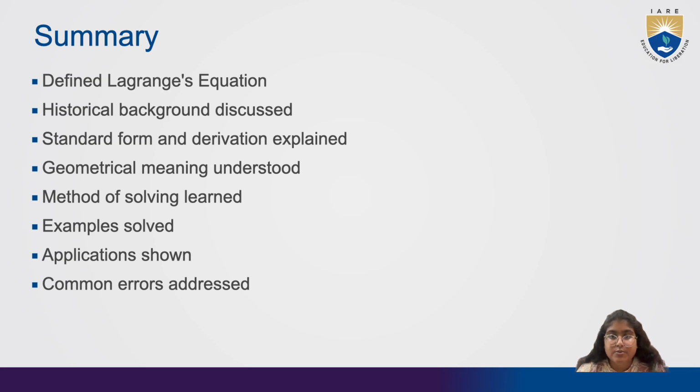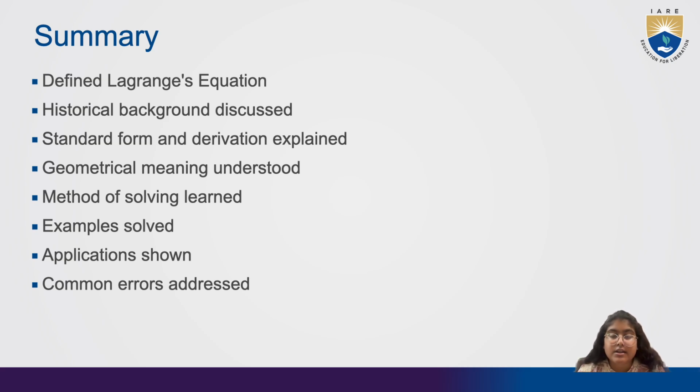To summarize, we've covered quite a bit today. We introduced Lagrange's linear equation, explored its historical development through the work of Joseph Louis Lagrange, and explained its standard form. We then derived it using basic calculus tools like the chain rule and understood its geometrical meaning by relating it to surfaces and characteristic curves.